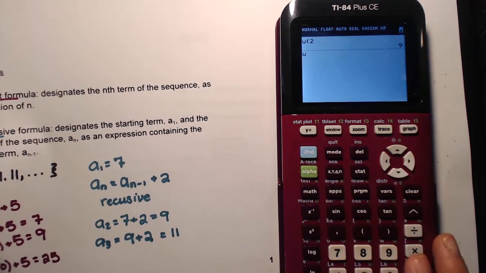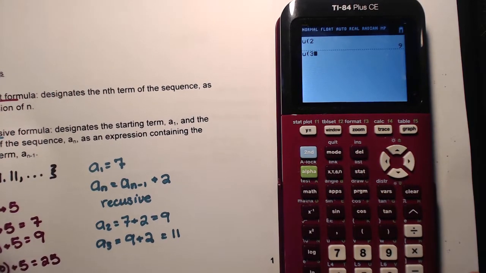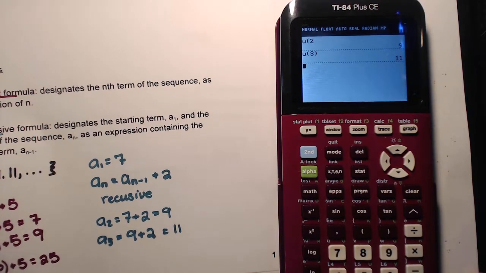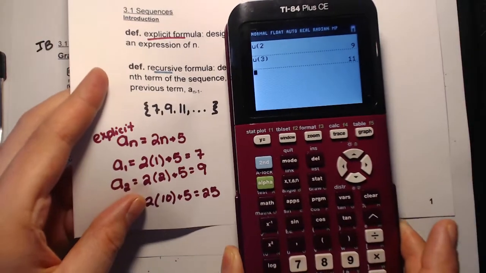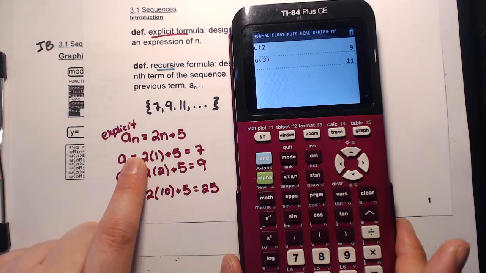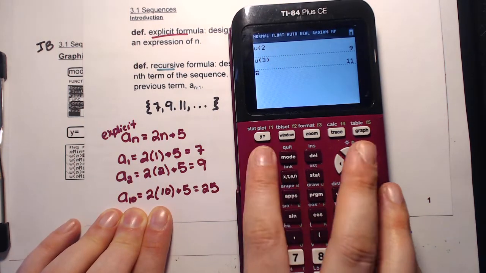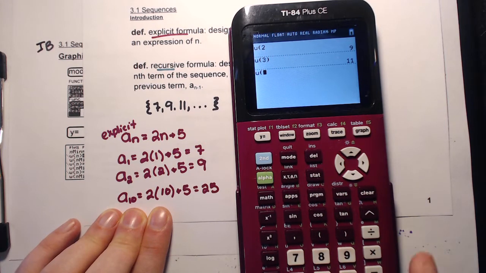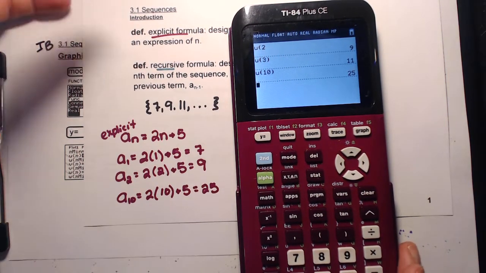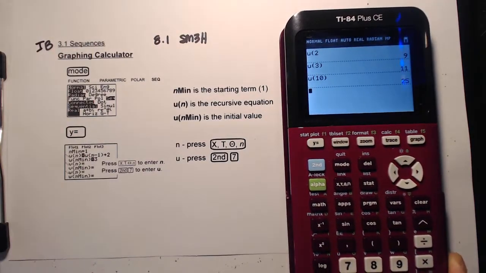So second 7, our third term is 11. I know I didn't really explain where this came from, but it's the same process. So if I want my 10th term, so second 7, I want my 10th term, that's going to be 25. So that's how our calculator is going to allow us to work with these.